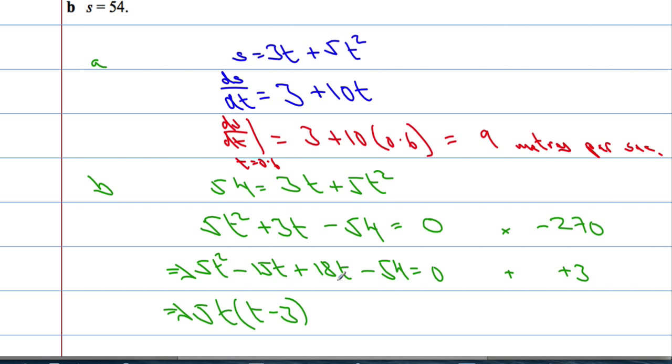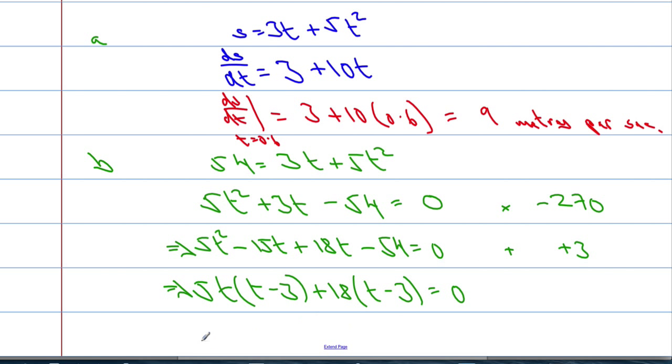And I can factor out 18, and that leaves me with t minus 3. That must be equal to 0. So we get 5t plus 18 times t minus 3 must be equal to 0.